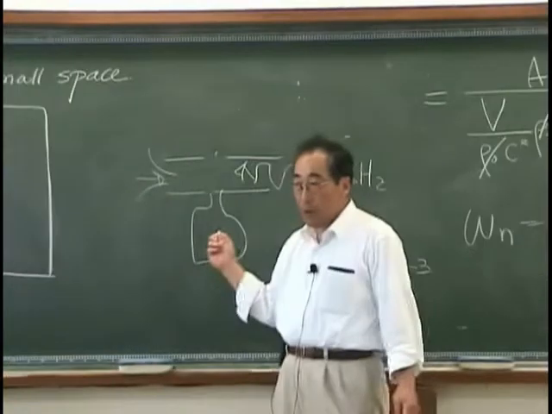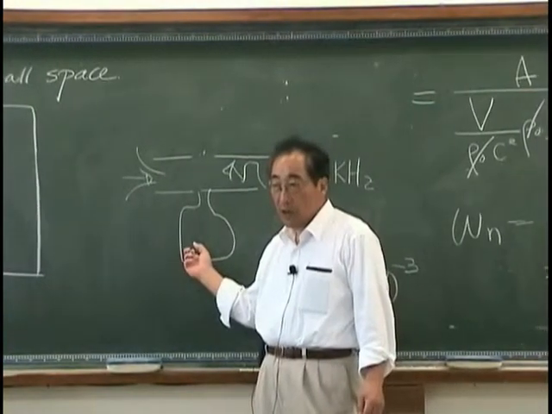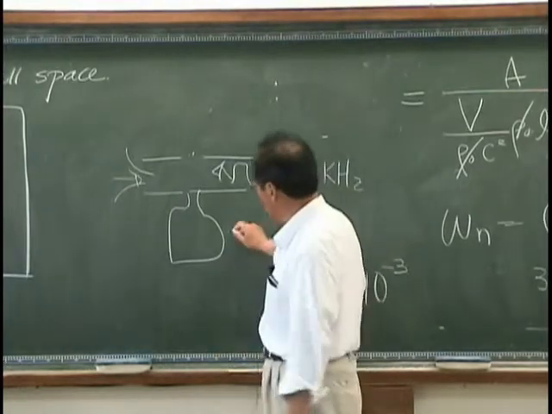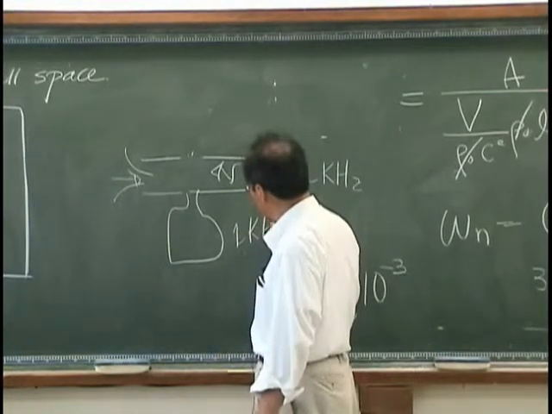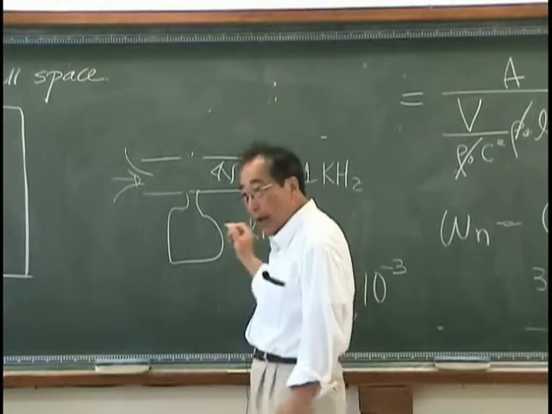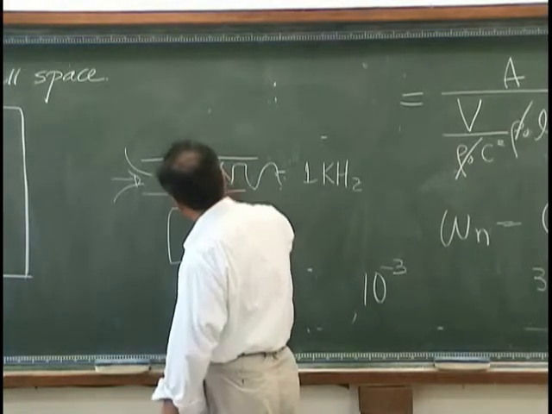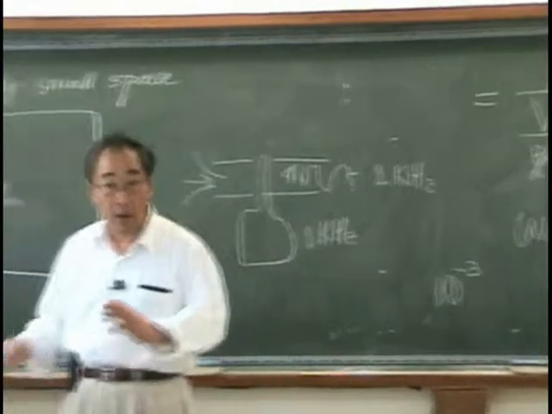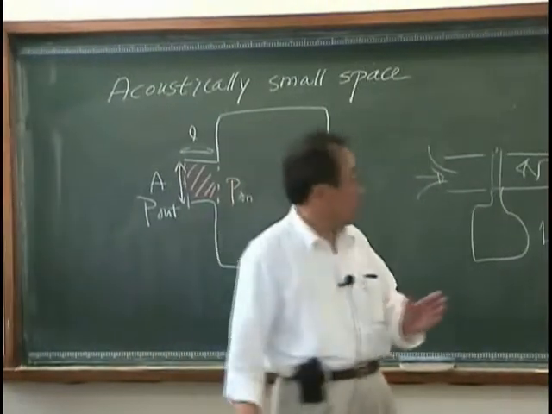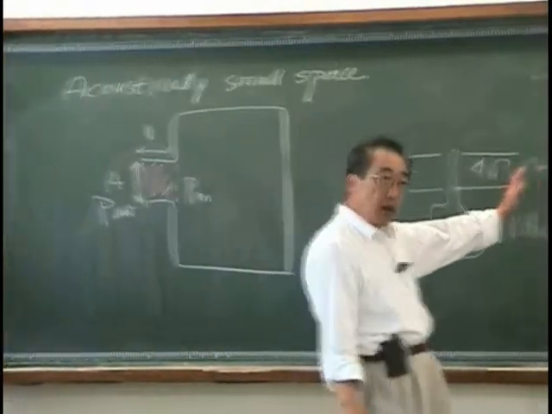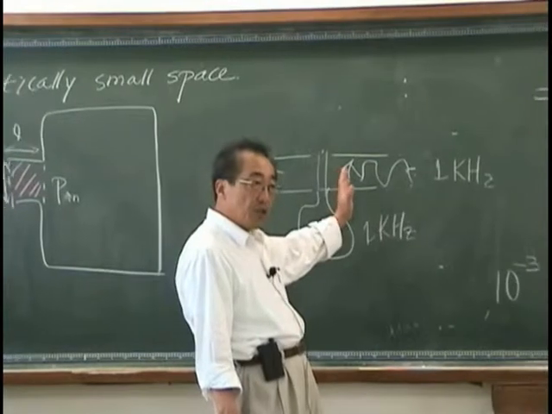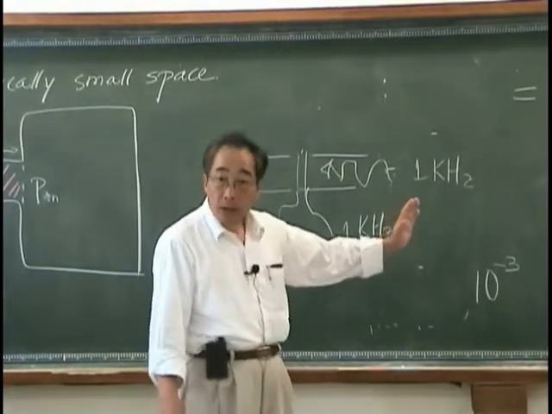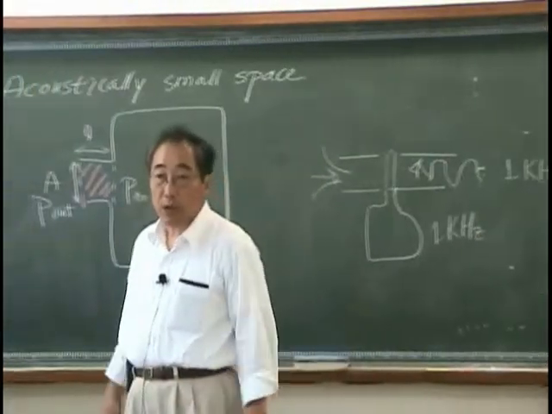So by putting a resonator over here, at this frequency, 1 kilohertz, if the resonator has a 1 kilohertz resonance, it builds up a big impedance mismatch at that position that will block the sound coming from the inside of the engine. So that's why we use the resonator.